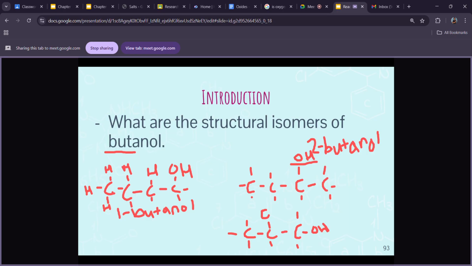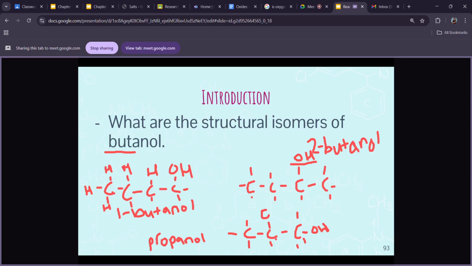Remember that we try to give OH the lowest possible number on the carbon chain, so it's going to be 2-butanol. In the case of this one, it's still going to be -ol since the functional group is alcohol, and it's 3 carbons on the main chain, so it's going to be propanol. I also need to identify the position of the alcohol on the propanol.